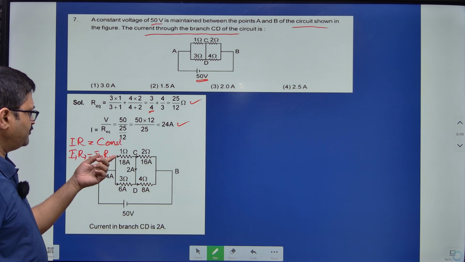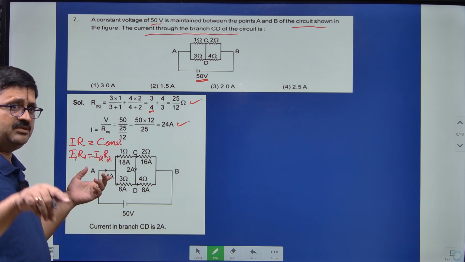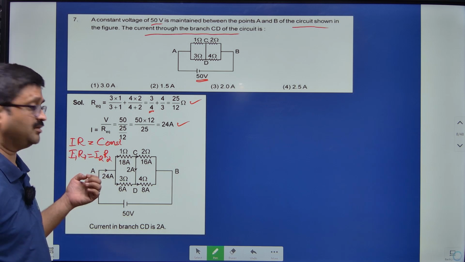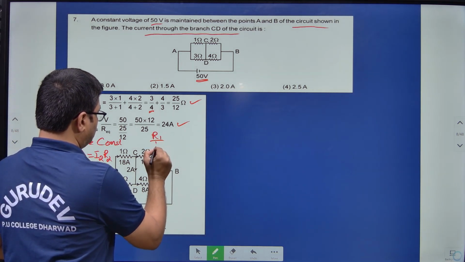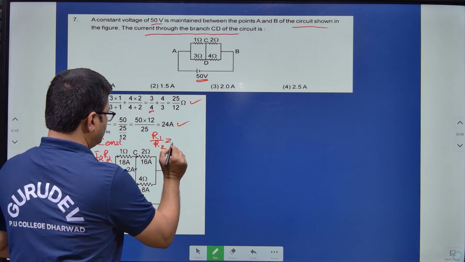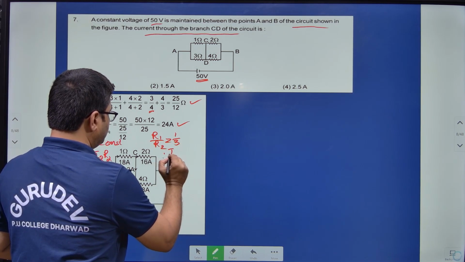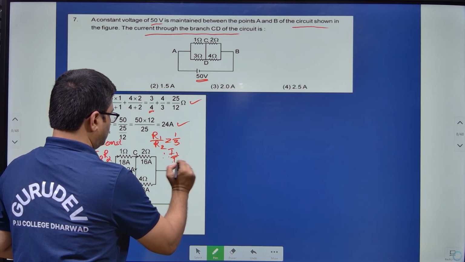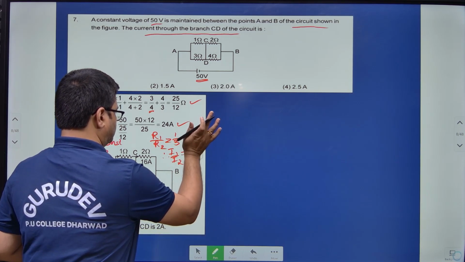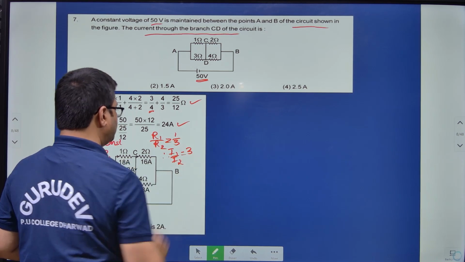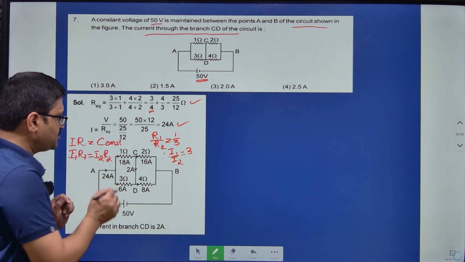R1 by R2 is 1:3, then I1 by I2 should be 3:1. Correct? So R1 by R2 is 1 by 3, therefore I1 by I2 should be 3:1.